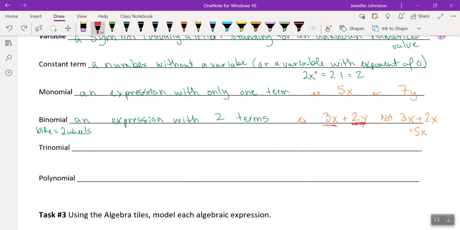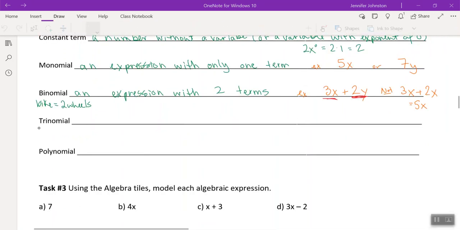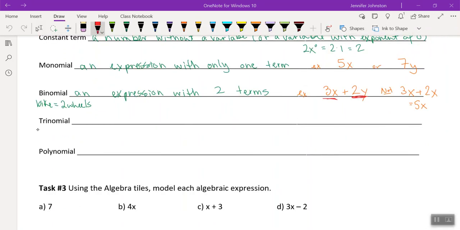Lastly, we have what we call our trinomial. And hopefully you guessed this one, trinomial or tricycle. A tricycle has 3 wheels. So this is an expression with 3 terms.